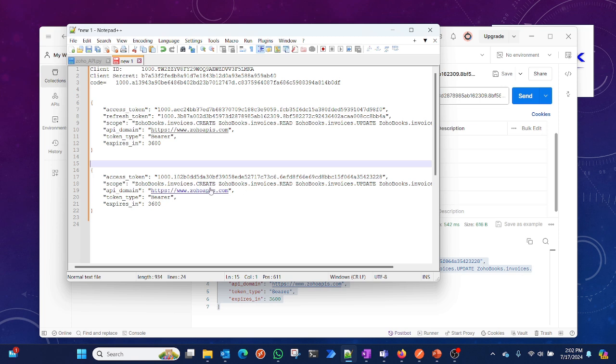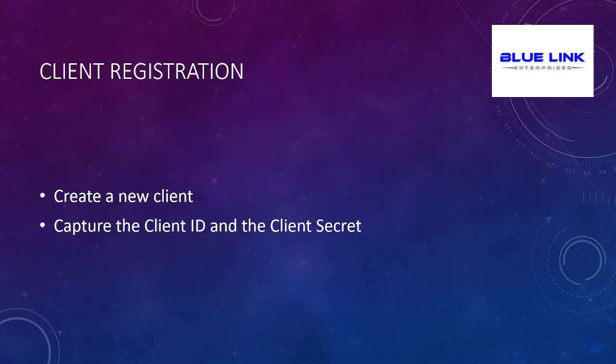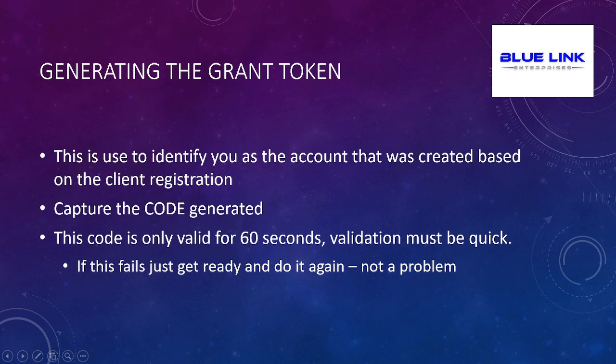So now we can go ahead and do the pulling of the data, pulling of the invoices, since we gave ourselves permission to do so. Okay, so we have created a new client, captured the client ID and the client secret. We also generated the code and captured it. And again, with the code you get 60 seconds to activate it.